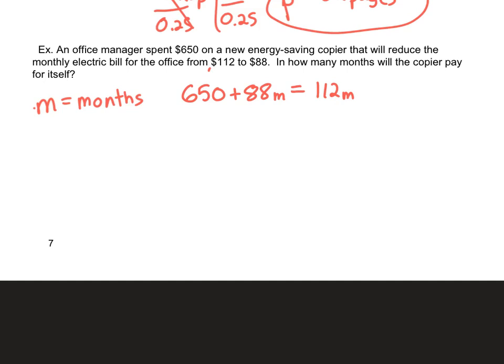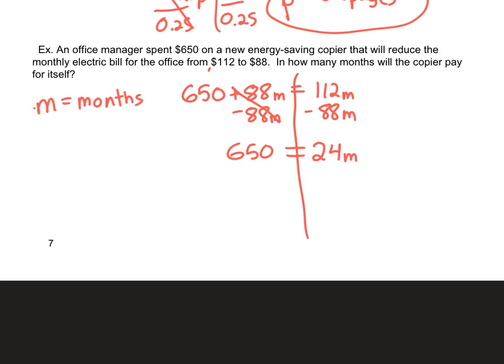So for me to solve this, I like to draw my line, and then I'm going to move 88m to the other side. The way I would do that, since it's addition, I'm going to subtract 88m from both sides. So I get 650 equals, this becomes 24m. Okay, 24m.